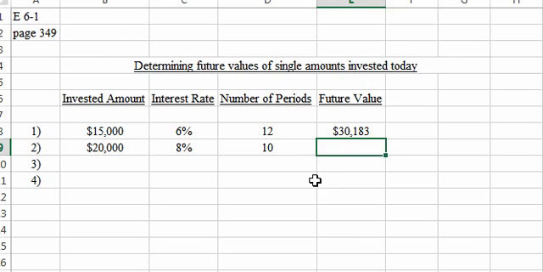Okay, so we'll go again to the same table on page P-1 in the back of your book in the P index. Okay, and we'll come across to 8%. Come down to 10 periods. We get 2.15892.